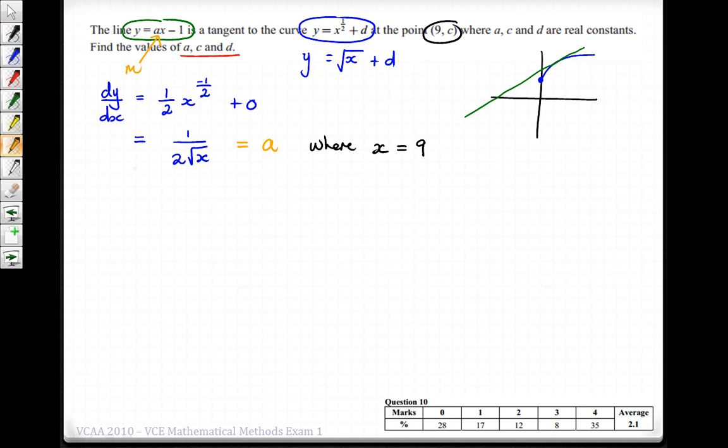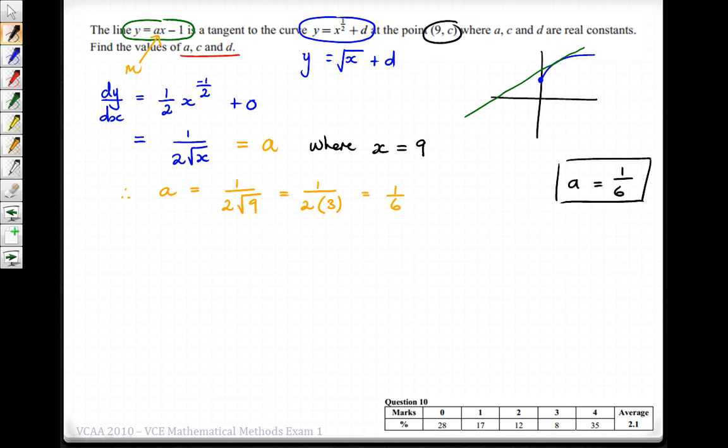So therefore, a equals 1 on 2 times the square root of 9, which is 1 on 2 times 3, equals 1 on 6. So now we've already got our value of a. a equals 1/6. And that's one of the pieces of information we needed.